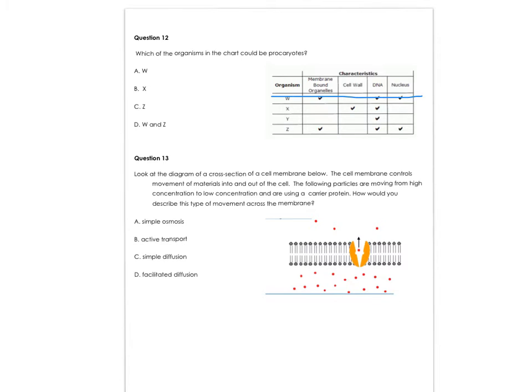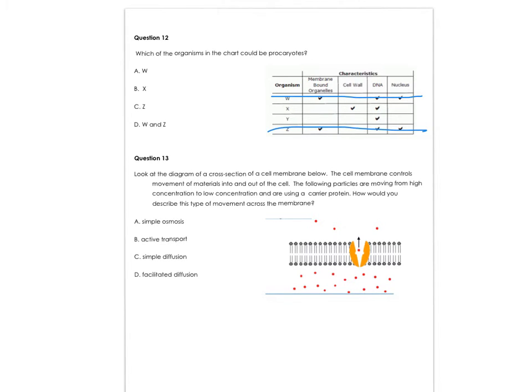X, cell wall, DNA, but no membrane bound organelles, no nucleus, possibly. Y has no cell wall, has nucleus and membrane bound organelles. There are some bacteria that don't have cell walls. They're not as common as the ones that do, but let's leave those two alone. Z, membrane bound organelles and nucleus, it can't be Z.